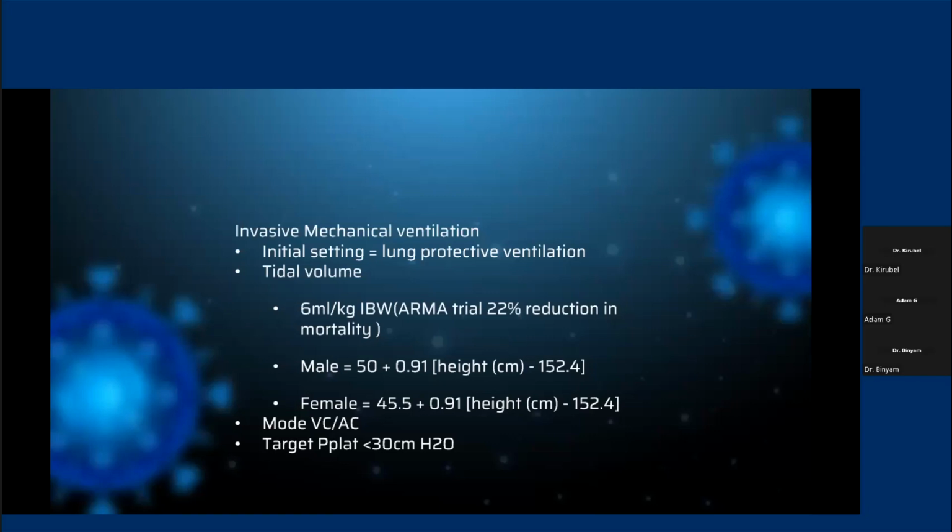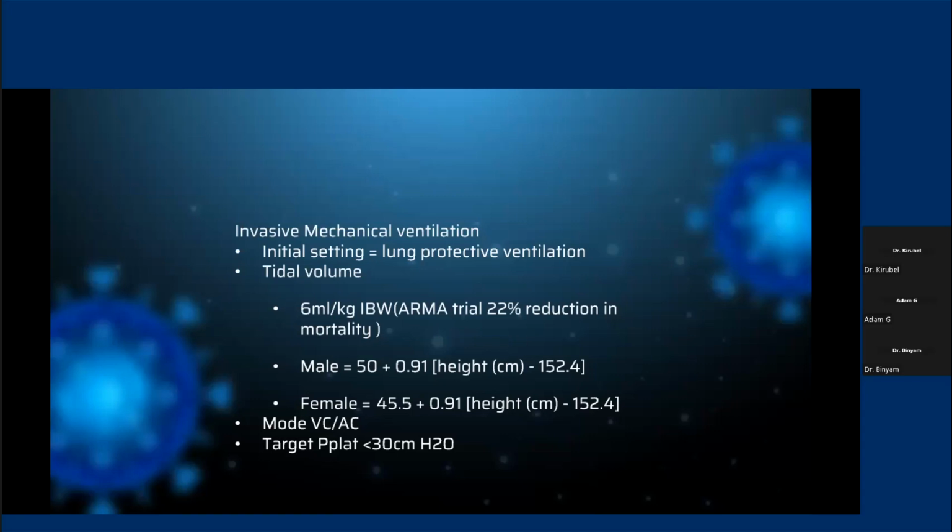Okay, so if you use more than this, especially 10 and such, they will end up having volutrauma and biotrauma and such. So it's better to use a smaller tidal volume. This is the most important message from this whole presentation. This is the best message I have for you: using low tidal volume is very important as a life-saving option.